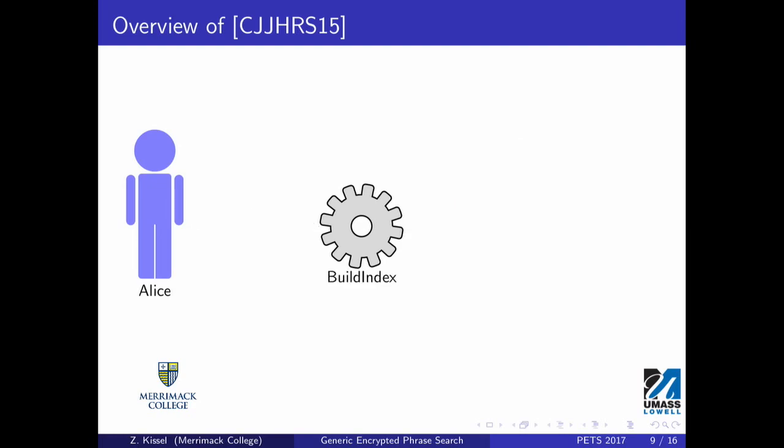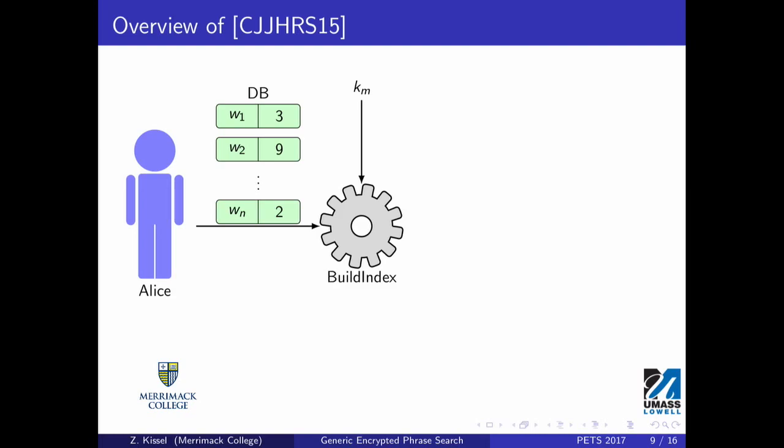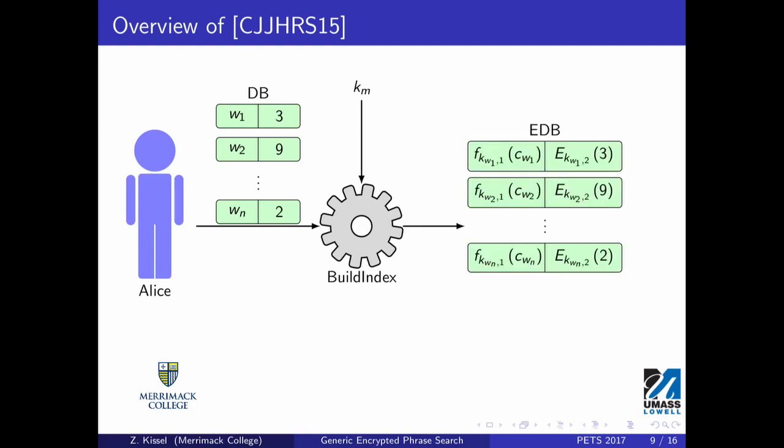She then goes on to build the index, where she's given the DB as a set of key-value pairs, where the key is a word and the value is a document identifier. Then out arrives a key-value pair that's encrypted. The left-hand side is a pseudorandom label. The right-hand side is an encryption of the document identifier. These pseudorandom labels are generated by applying a pseudorandom function with keys derived as follows.